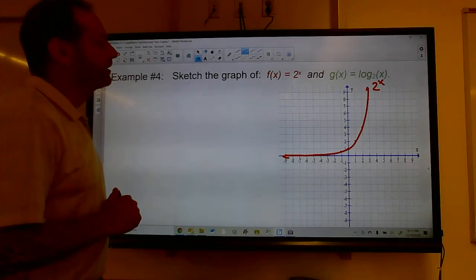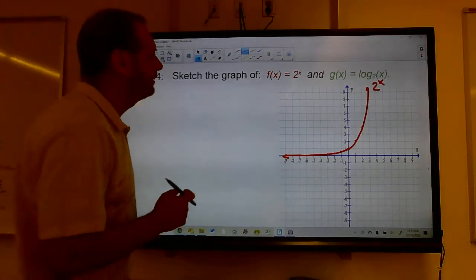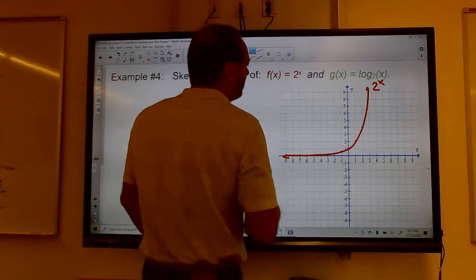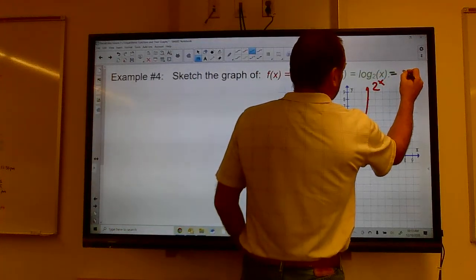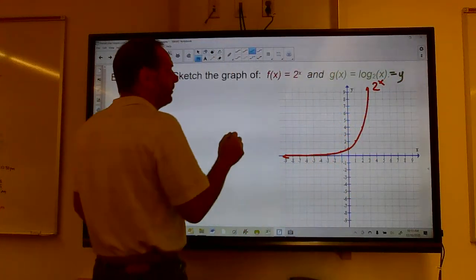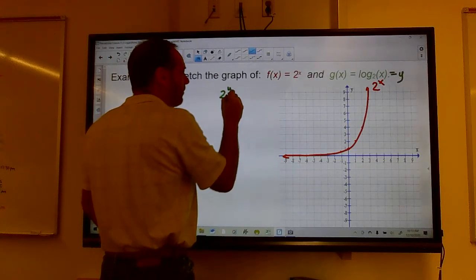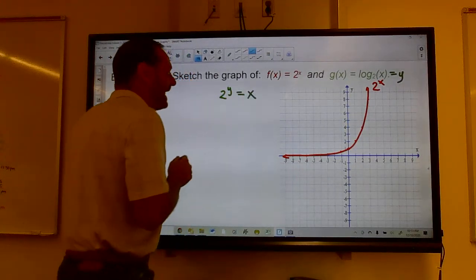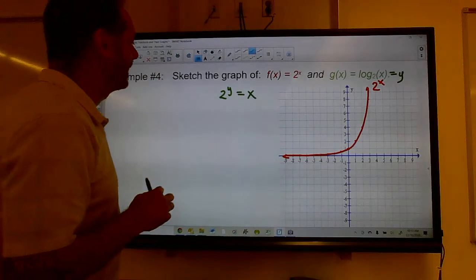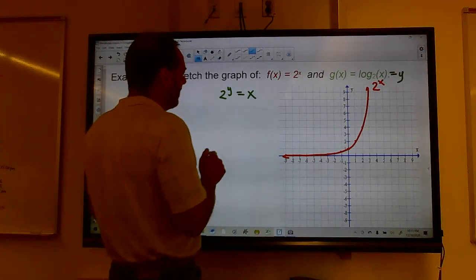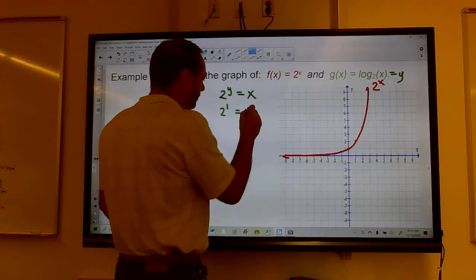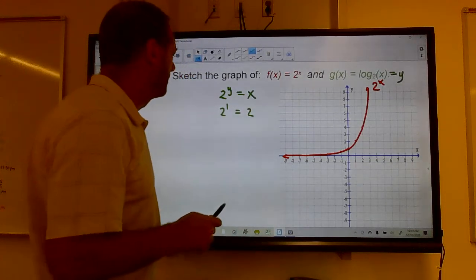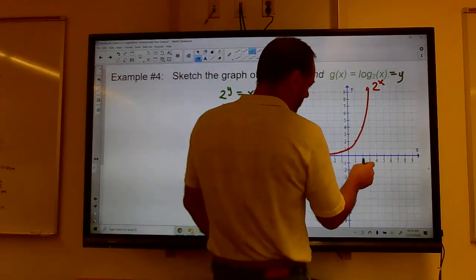Now, what does a log look like? Well, here's the thing. Let's say this is log base 2 of x equals y. We can rewrite this as 2 to the y equals x. Okay? So 2 to the first power would be 2, right? So my x is going to be 2 and my y is going to be 1.